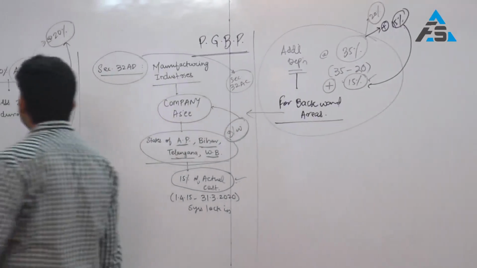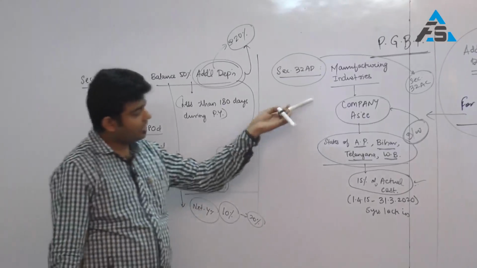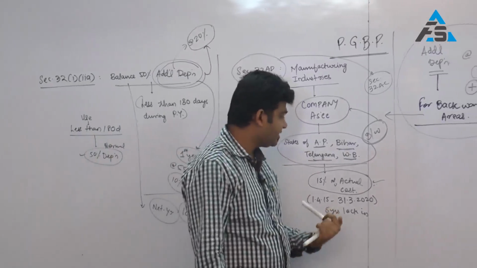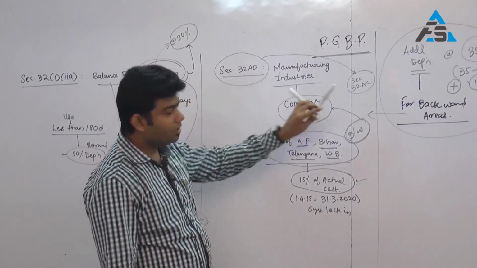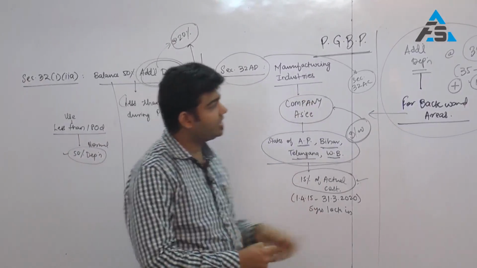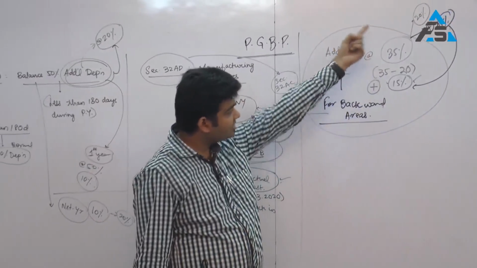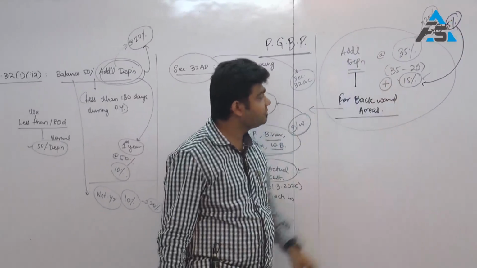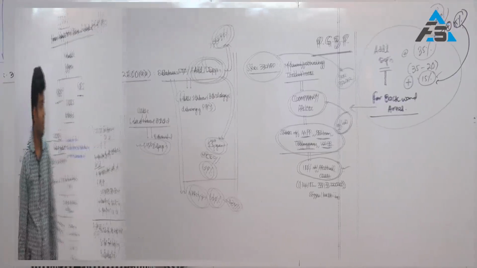So 32(1)(2)(a), balance 50% additional depreciation. 32 AD, company assessee in the states of Andhra Pradesh, Bihar, Telangana, West Bengal, 15% of actual cost over and above the other benefits that the assessee is already getting, and additional depreciation at the rate of 35%, 20%, in which case every assessee gets, additional 15% for these backward areas through section 32 AD.